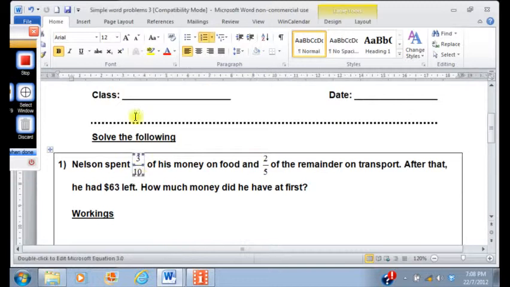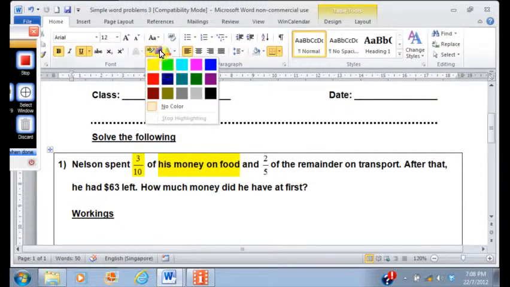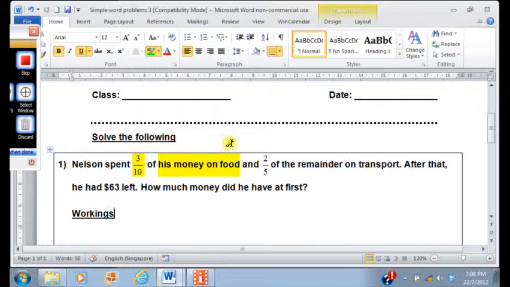Nelson spent 3/10 of his money on food, and 2/5 of the remainder on transport. I'm going to use a green highlighter. If you don't have a green highlighter, use a pen.